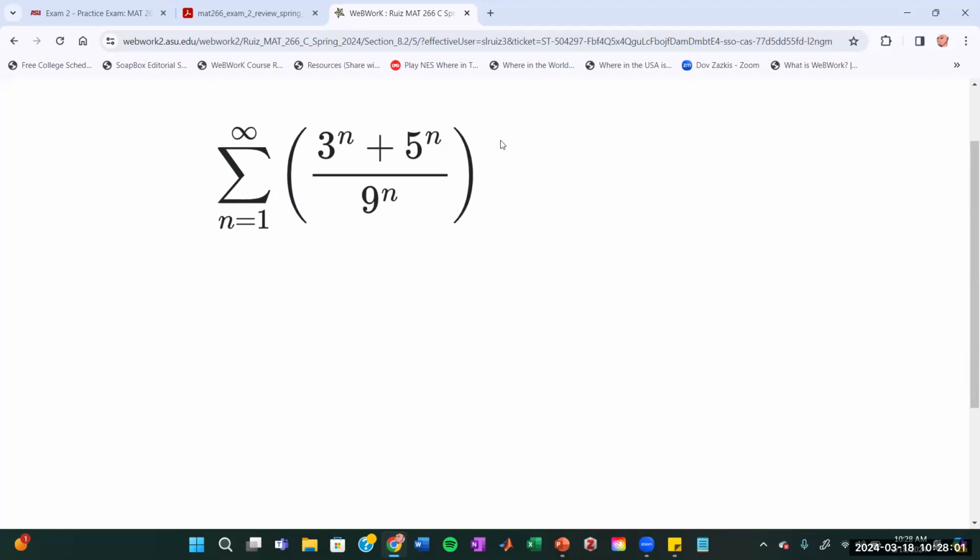One of them converges to 1/2, one of them converges to 5/4. So that's 7/4. Does that answer it? Oh, wait, you're still working on this one, never mind.